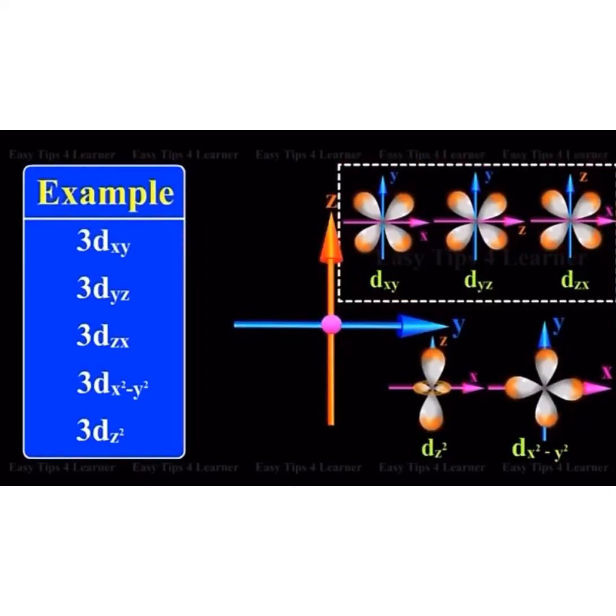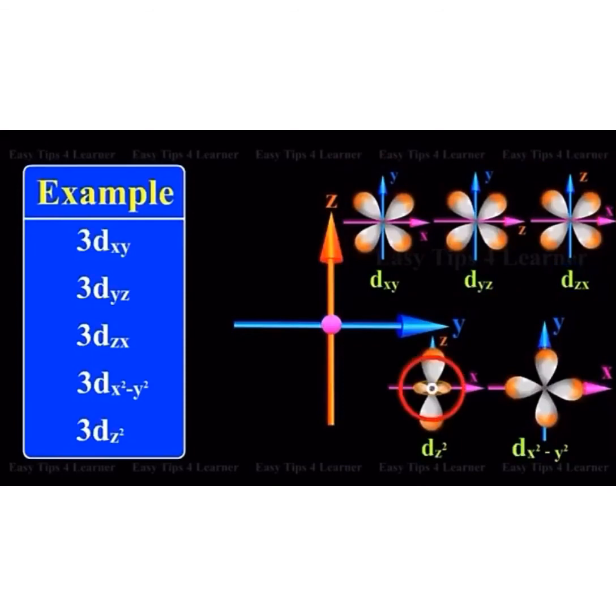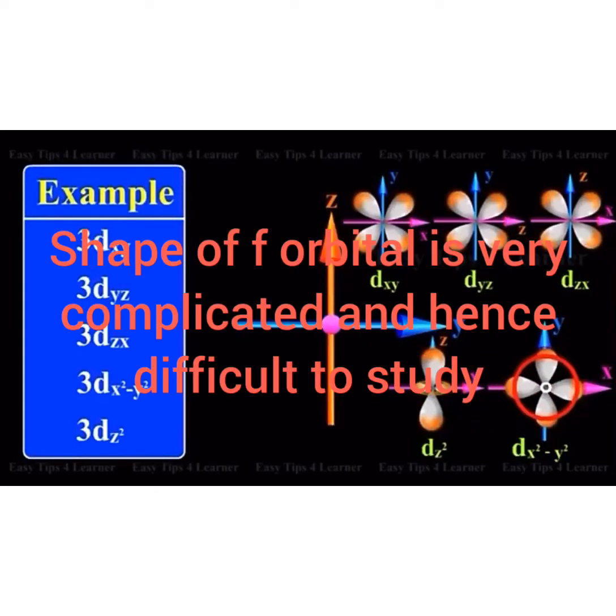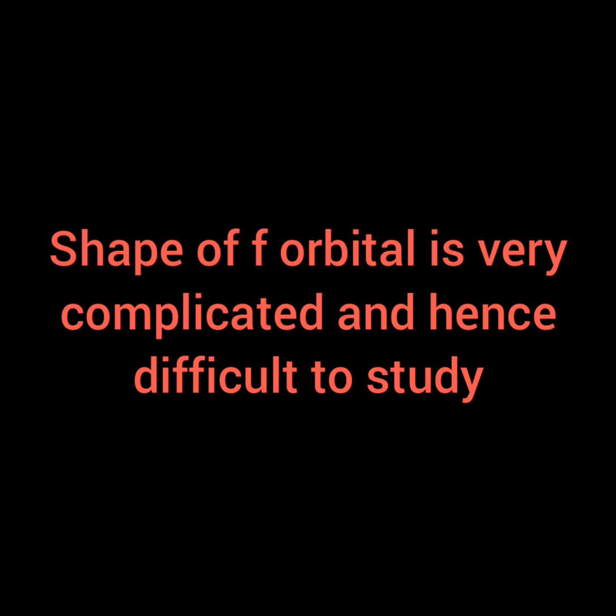The total number of nodes in d orbitals is given by the expression n-1. The shape of the f orbital is very complicated and hence is difficult to study.